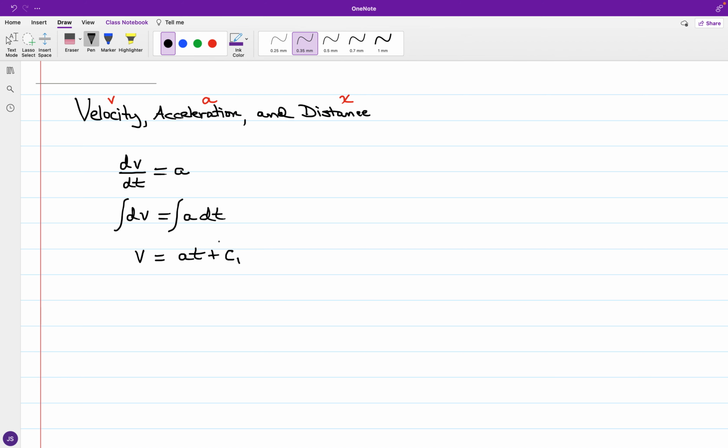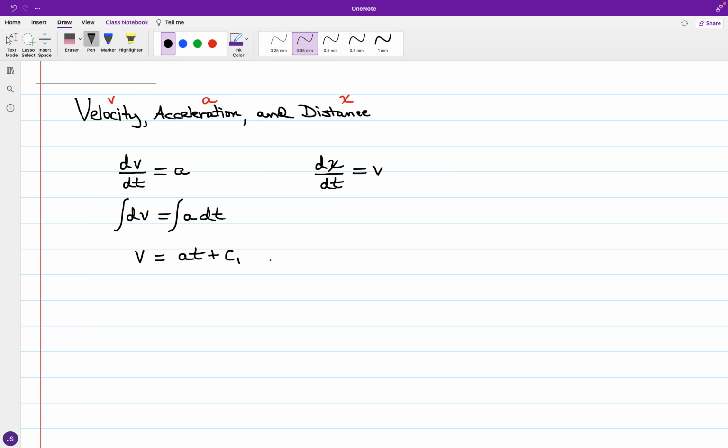So acceleration is the change in velocity with respect to change in time. Now by definition, velocity is the change in distance with respect to change in time. So you can say that v is equal to dx over dt.